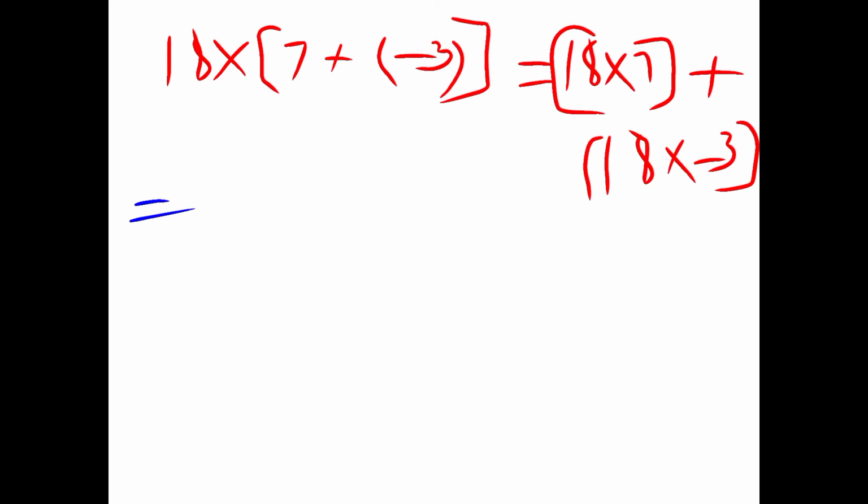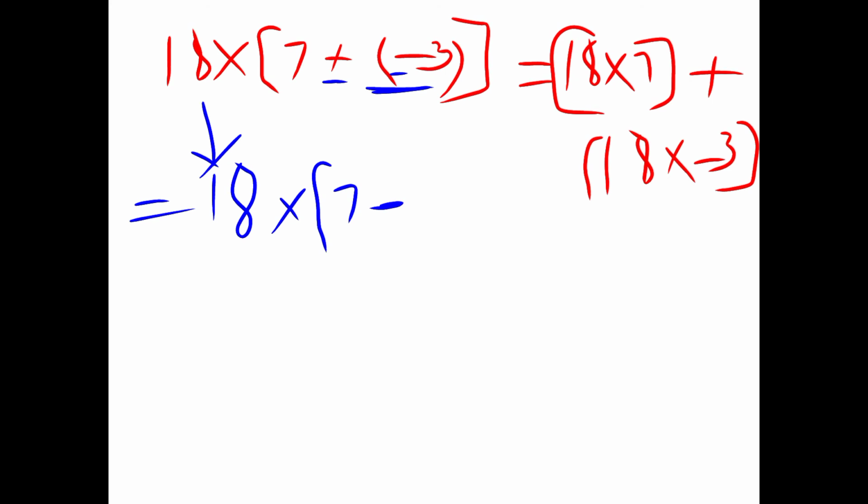So here what we have to do first is this 18, into, first let's try to remove the brackets. First the inner brackets, so it will give 7, signs are different, then minus 3. Let's multiply this, 7 into 8 is 56, carry 5, 7 ones are 7, and 7 plus 5 is 12, that is 126.